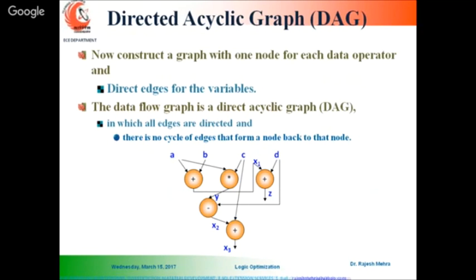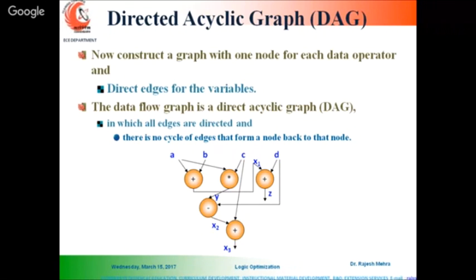You start with inputs and get some output. First are your Boolean expressions; from them you convert into single assignment operator; from that we create the DAG, directed acyclic graph, where there is no loop back.